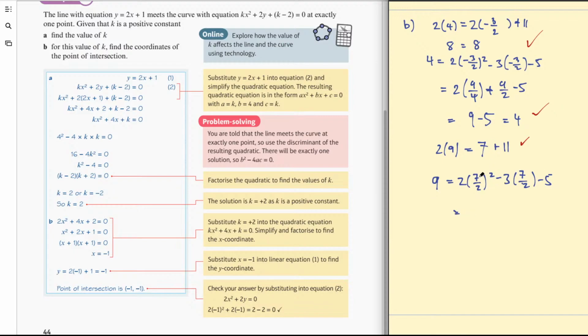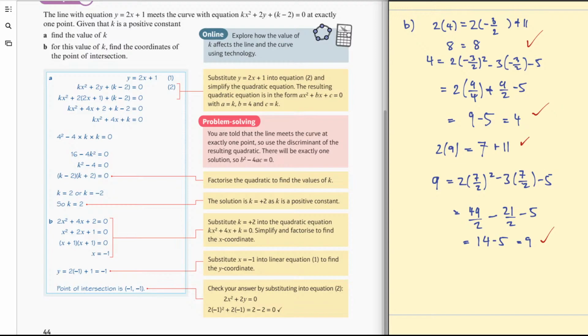Here we would get 49 on 2, take 21 on 2, take 5. And that is 20, what? Oh yeah, this is 28, sorry, 28 on 2, which is 14, take 5, and this is equal to 9, so that works as well.